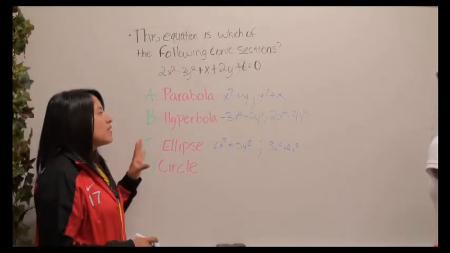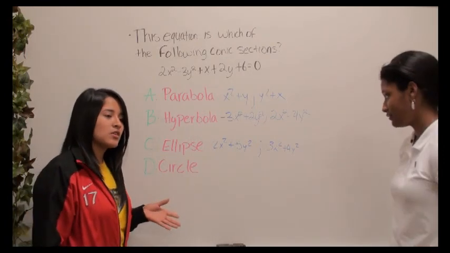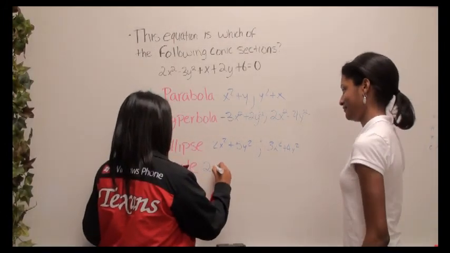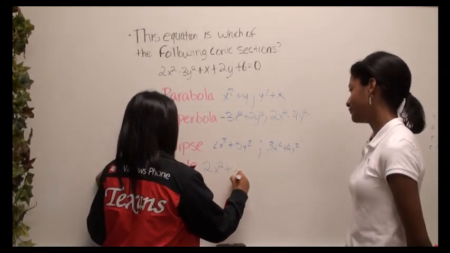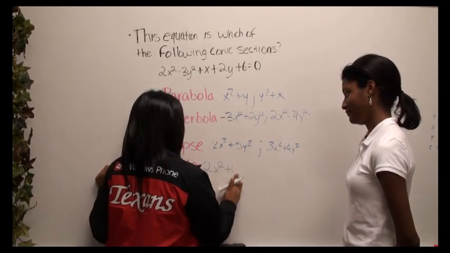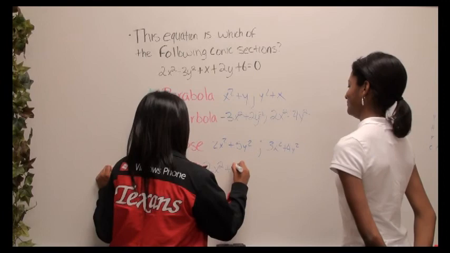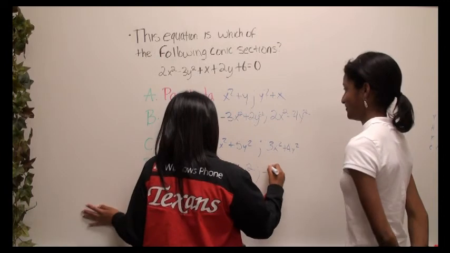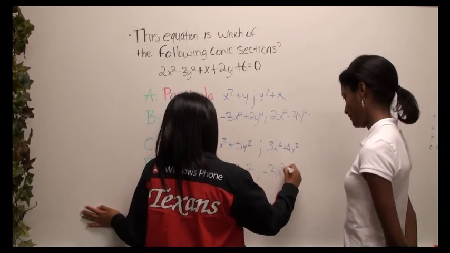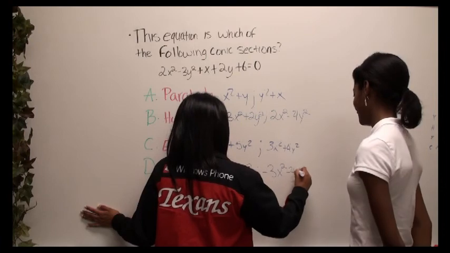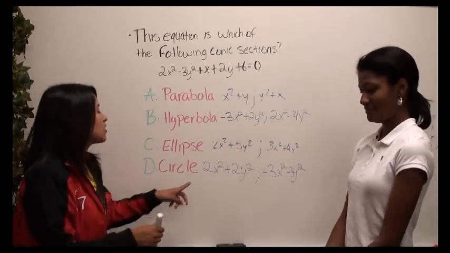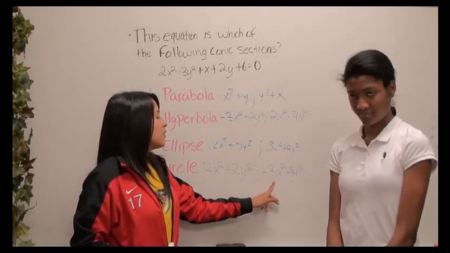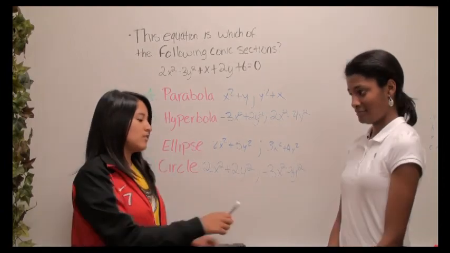A circle, both the squared terms have the same coefficient and they have to have the same sign. For example, or here, both terms are positive and they both have a coefficient of 2. And on the other side, both are negative and they have a coefficient of 3.